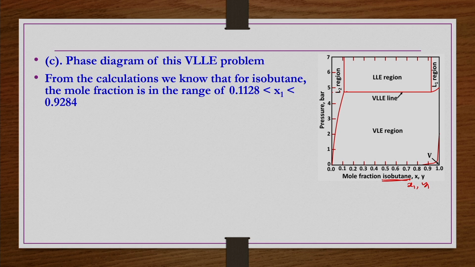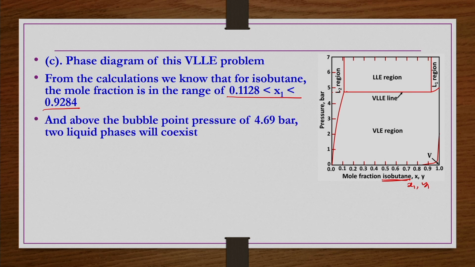The isobutane mole fraction we have seen is changing in the range of 0.1128 to 0.9284. Above the bubble point pressure of 4.69 bar, only two liquid phases will exist. So, first that is what we try to locate.